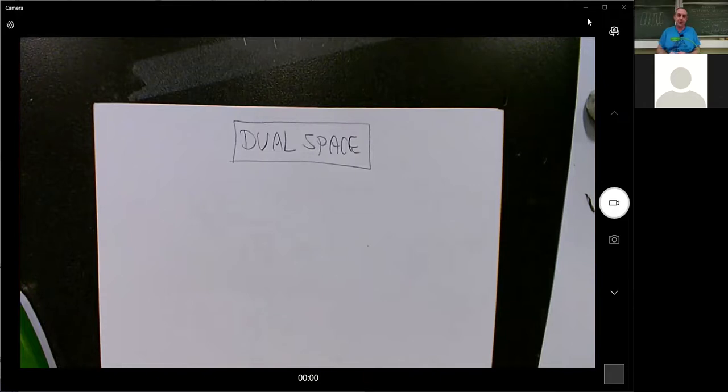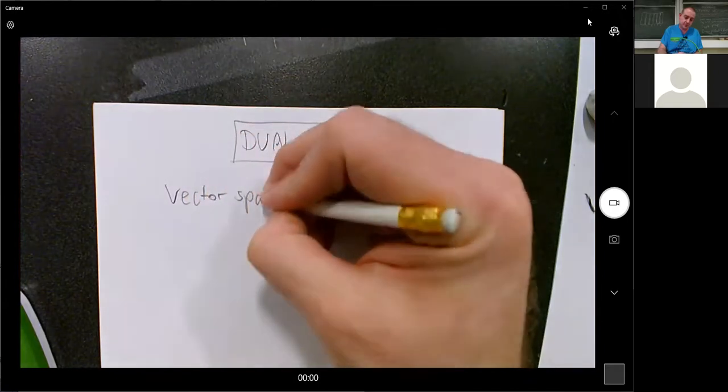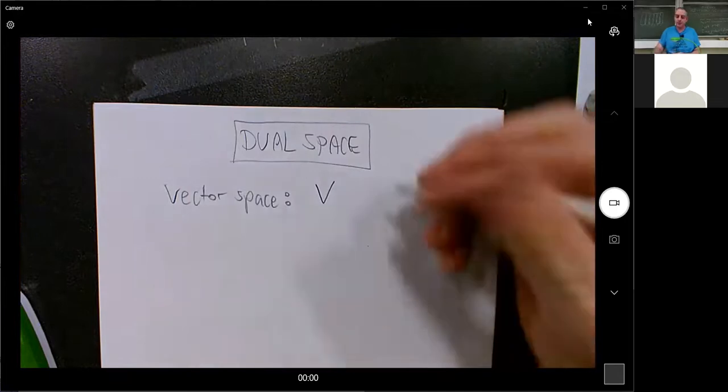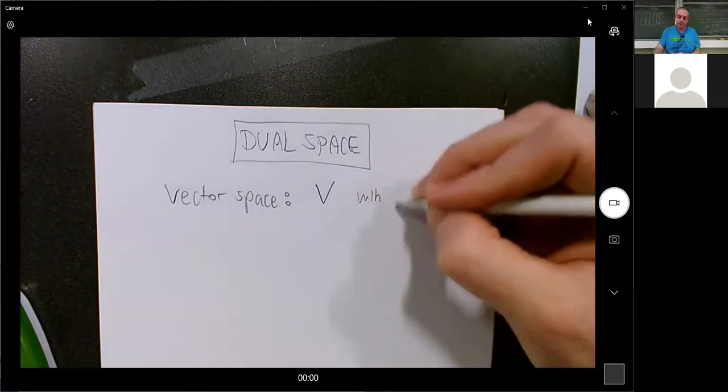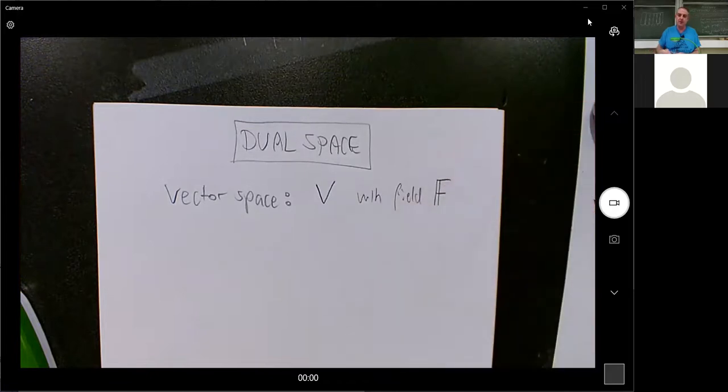Okay. So my understanding of the dual space is you have a vector space. We should call it V. The field, he uses a double struck F, like a blackboard bold F. BB stands for blackboard. It's how to write bold on a blackboard.